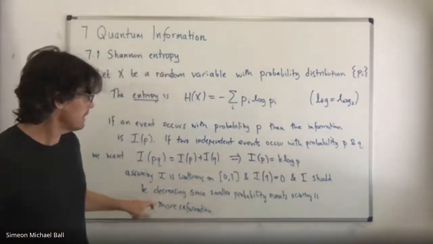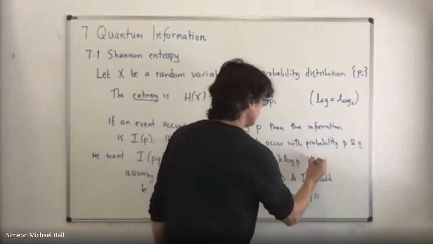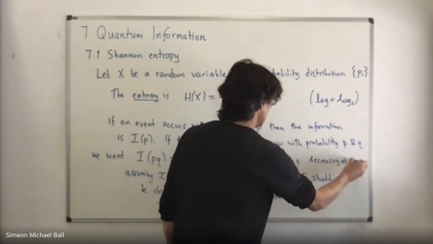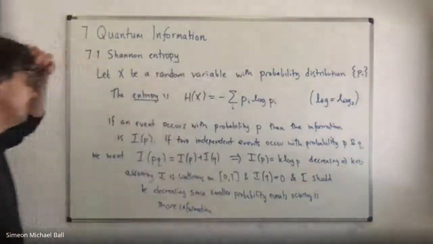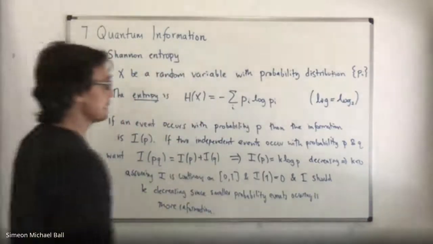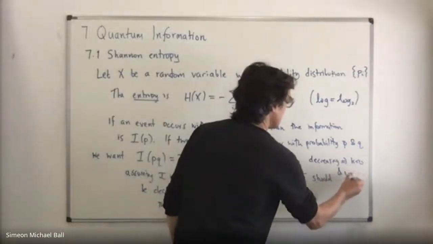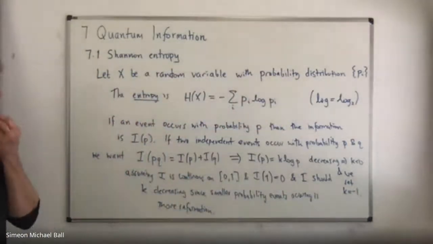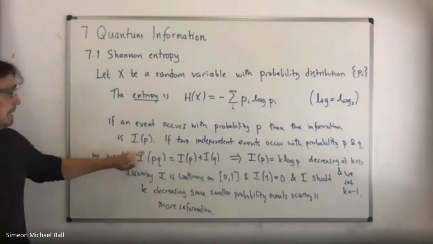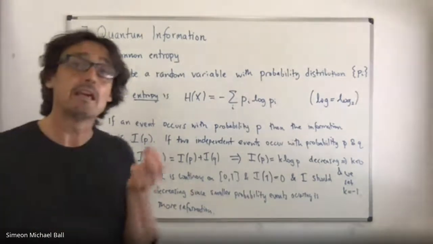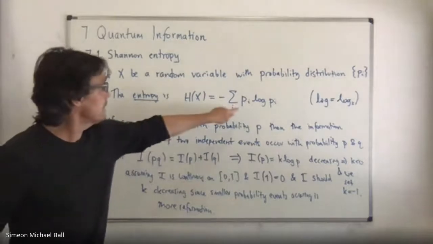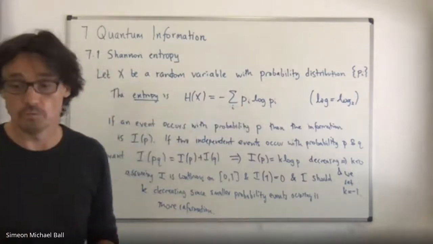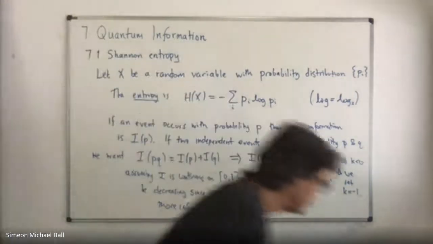The only thing we need now is that it be decreasing, which implies k is negative. In fact, k is -1. So the information I(p) is simply minus log p. And the entropy is then the average information, where we weight by the probabilities, as we should.